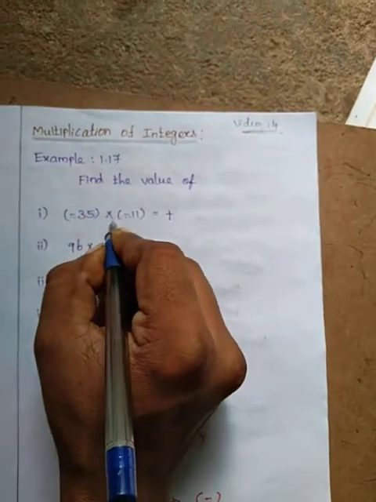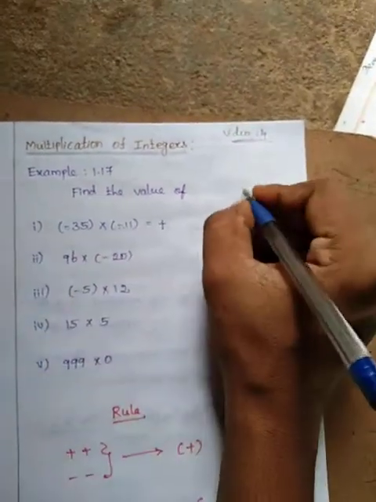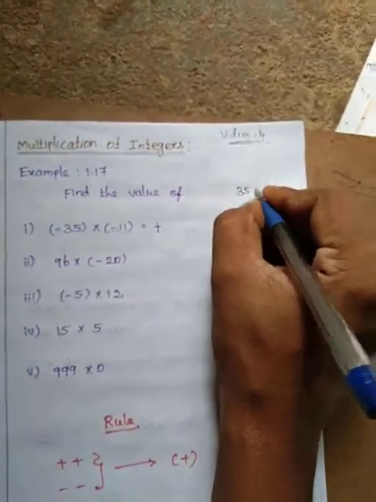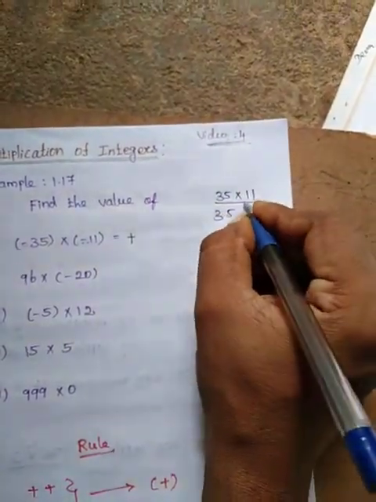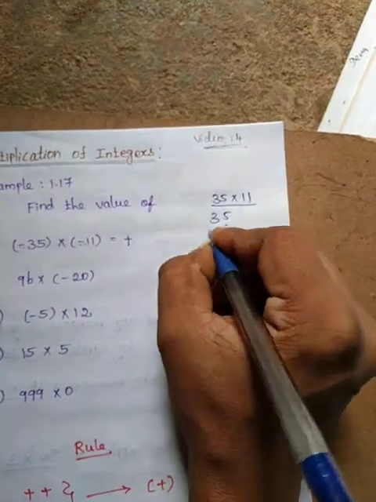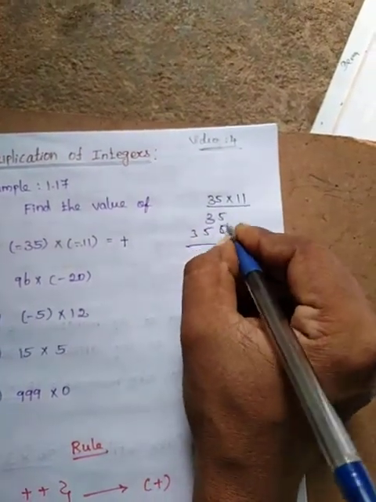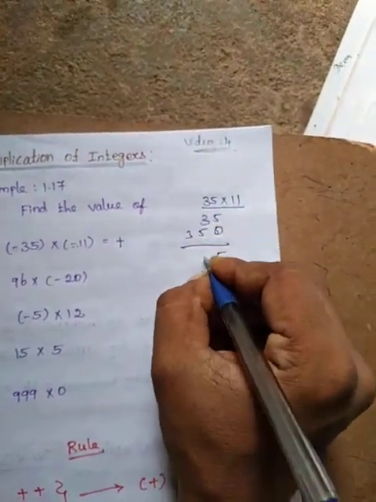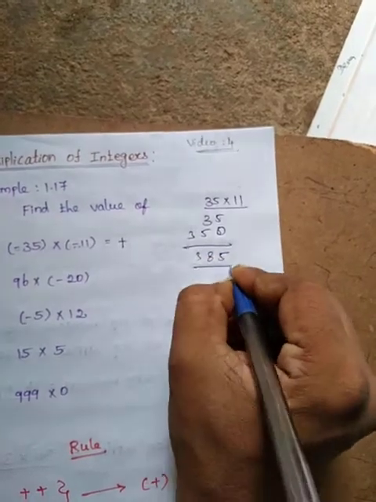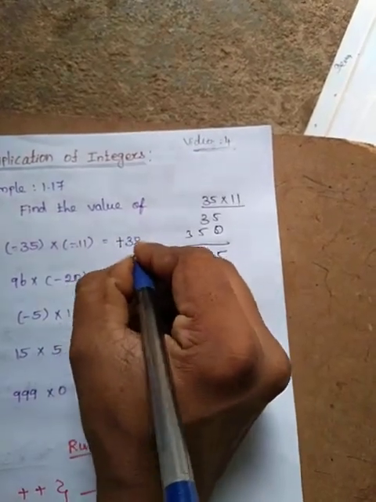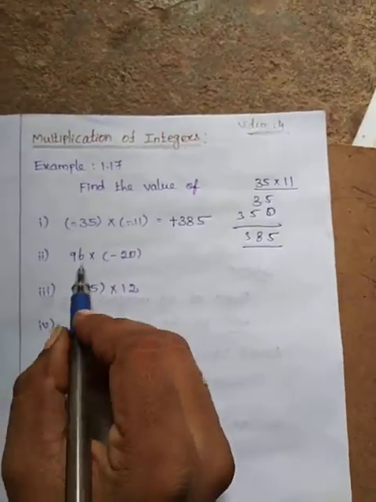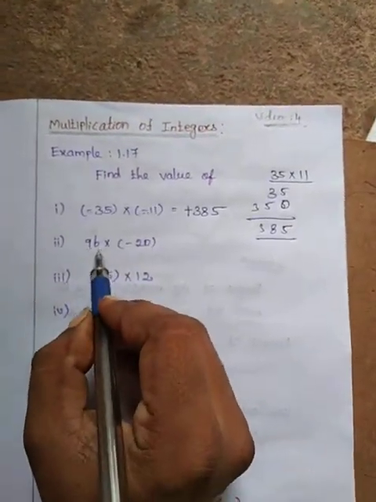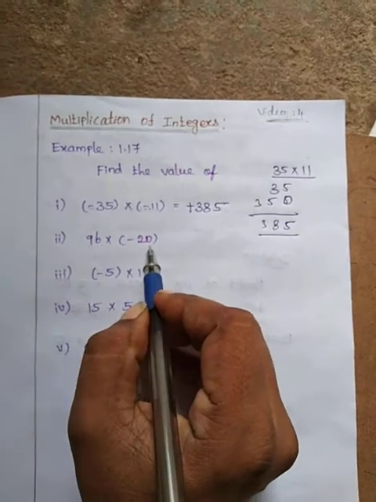What is the operation here? Multiply. So, 35 into 11 is 385.